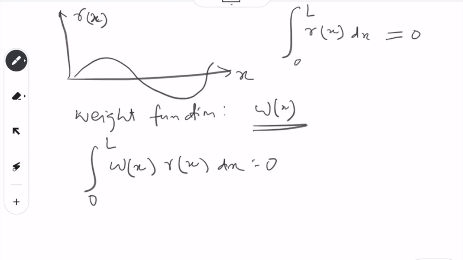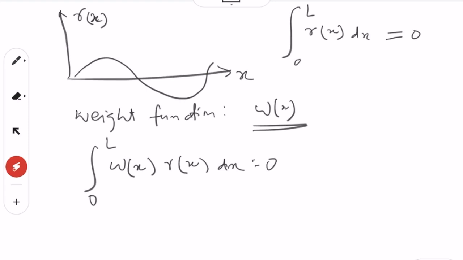So if you want to minimize the error of u, it is a good idea to have some kind of weightage which is proportional to the original solution itself, so that where u is high our weight is high, and where u is less our weight is less.